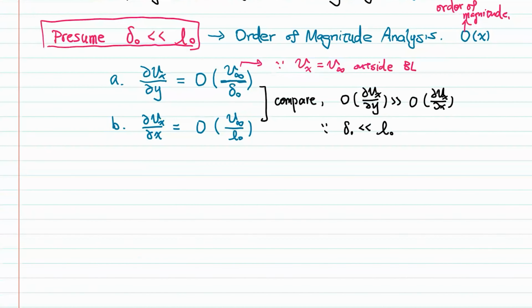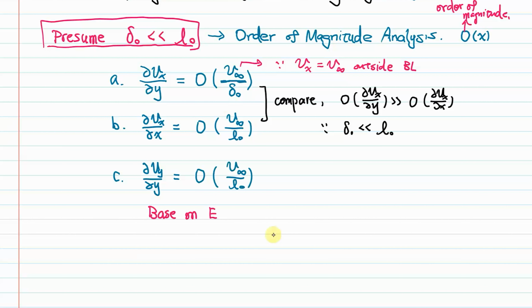Now, further on, let's take a look at partial Vy partial y, which equals the order of what? Equals the order of V infinity over L naught. Why is that? This is because, based on the equation of continuity, remember that partial Vx partial x plus partial Vy partial y equals 0.